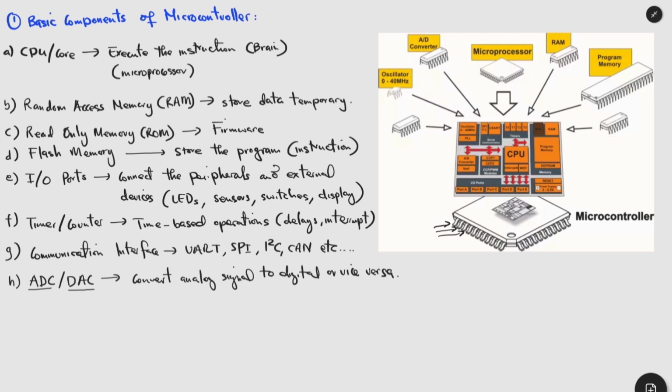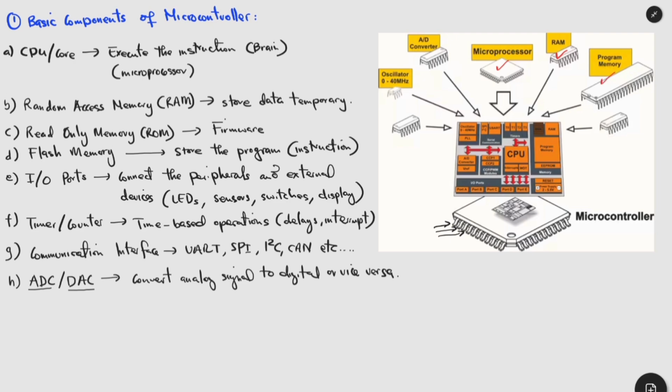You can explain that a microcontroller has a CPU known as the microprocessor, and it has the random access memory, and it has the ROM, and it has the flash memory or the program memory.